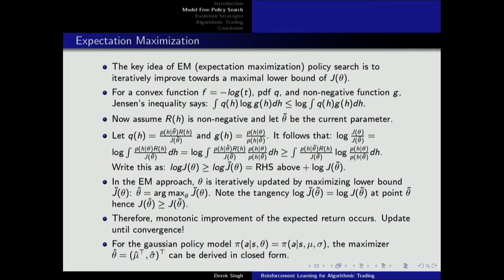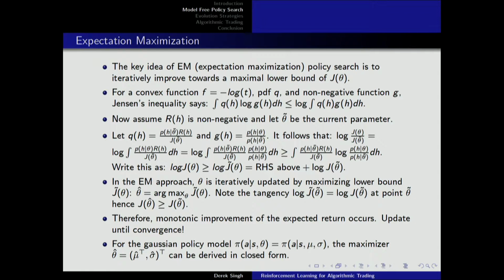Another technique is EM, expectation maximization. You see this a lot in statistics when there are hidden or latent variables. It's a similar concept here. The idea essentially is to take advantage of Jensen's inequality to construct a lower bound, and then try to improve that lower bound.